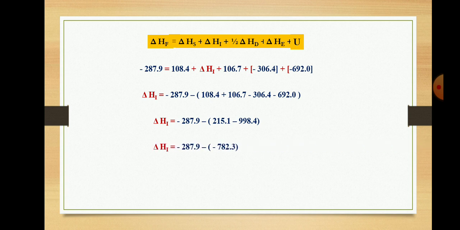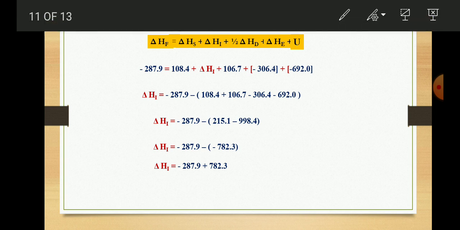Now we solve this equation in simple form. Delta HI is equal to minus 287.9 minus, in bracket, minus 782.3. So minus becomes plus. We get delta HI is equal to minus 287.9 plus 782.3. Very simple.